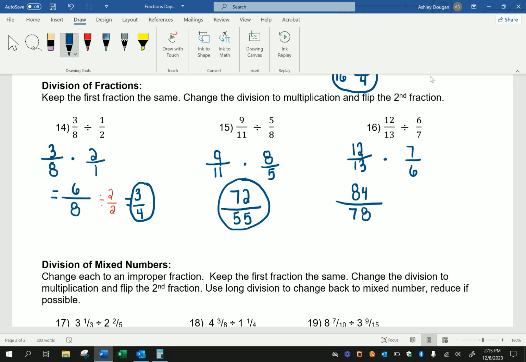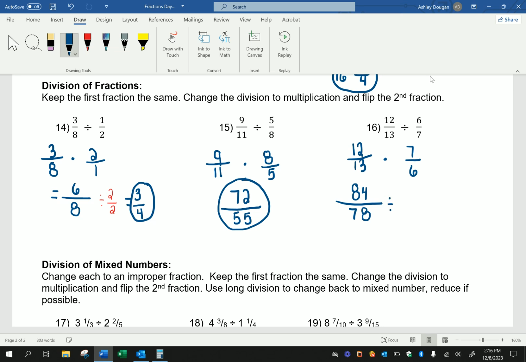Now this is kind of the same thing as 15 in that it's an improper fraction. And so we could change it to a mixed number, or I could simplify and leave it as an improper fraction. If I'm going to leave it as an improper fraction, I need to look and see if there's a number that divides evenly into both 84 and 78.